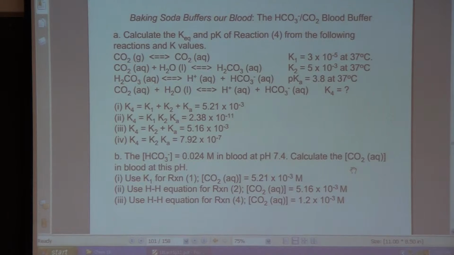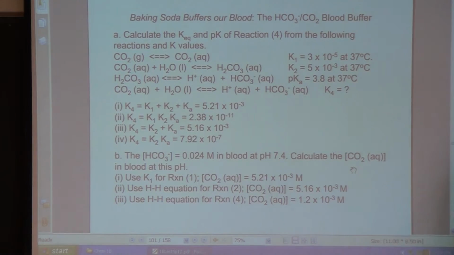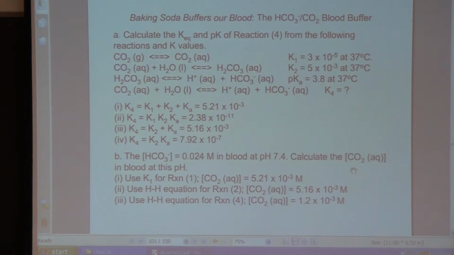And then do you know what will be the base in one of those reactions, and then what's the acid? Okay, so spend a minute, think about this. You can discuss this with the person sitting next to you, if you feel like it.